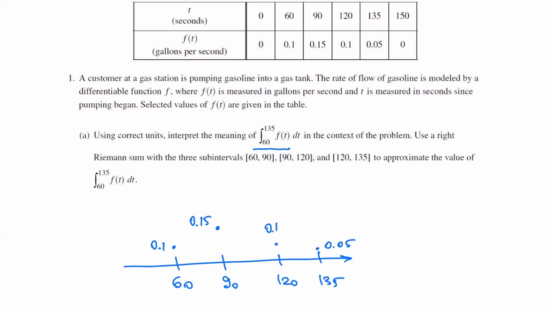A right Riemann sum means that we take the value at the right end of those rectangles. So this is what we are approximating with.